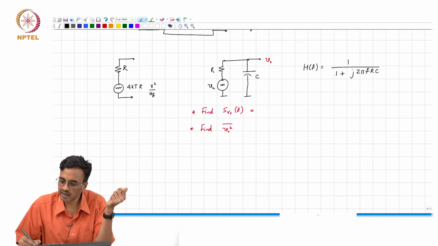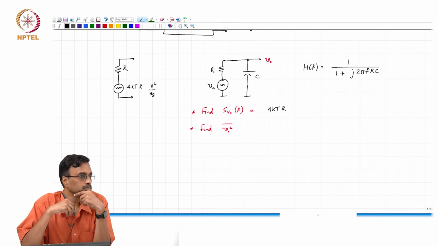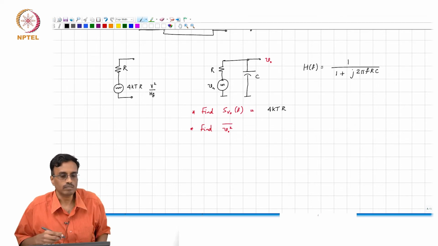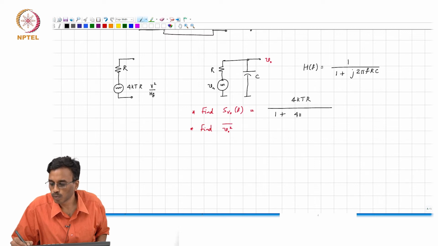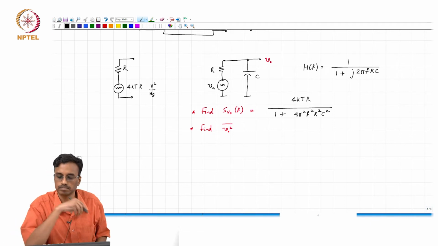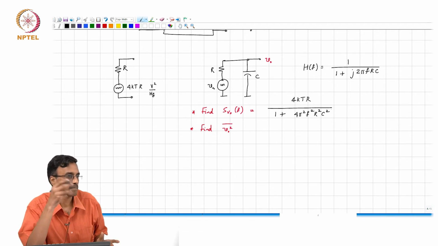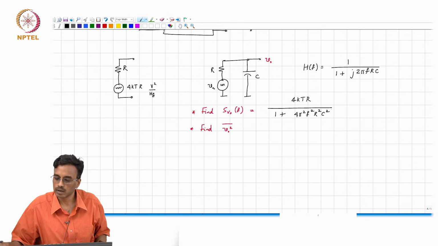The input spectral density is nothing but 4 kT R, times 1 divided by 1 plus 4 pi square f square R square C square. Okay. And how does this look?